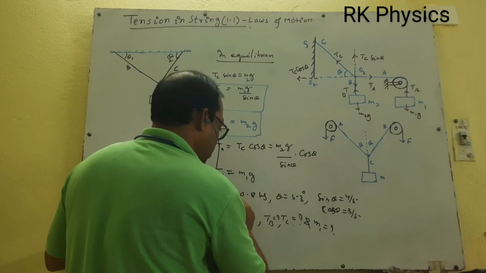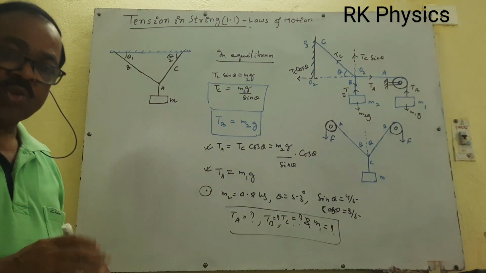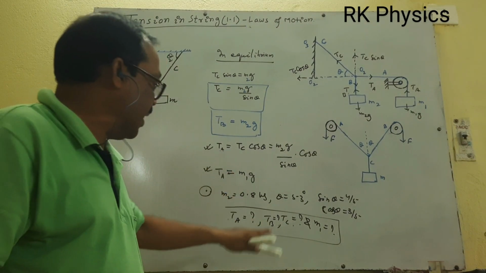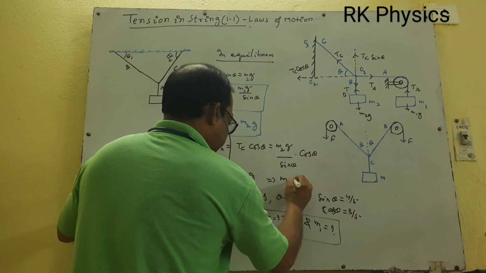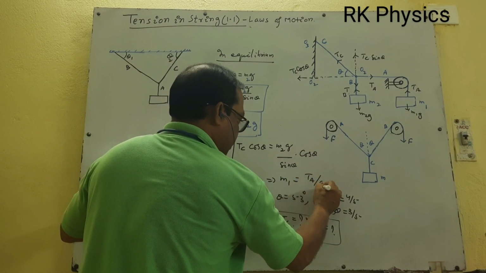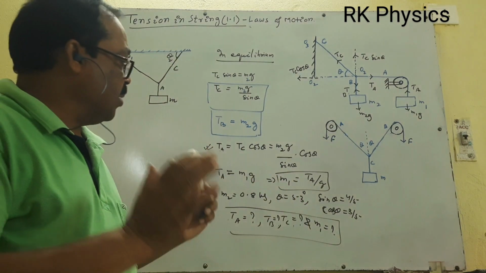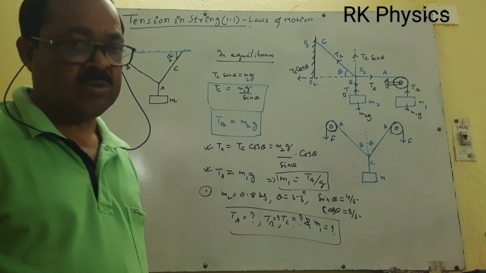It is possible to find these values. Are you able to solve it? Just put it one by one, then you will get the answer. M1 you can get from this equation, M1 is TA divided by g. So these are 4 equations. Accordingly you can calculate directly.